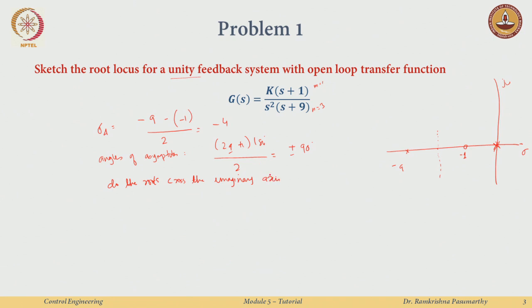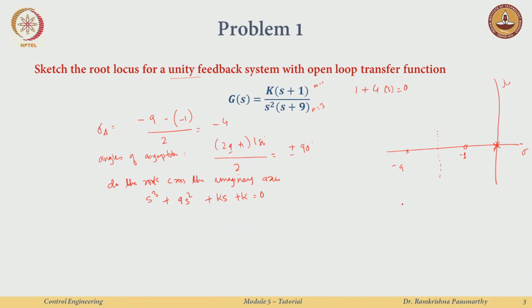So I just write down the characteristic equation, 1 plus G of s equal to 0, and this gives me s cube plus 9 s square plus K times s plus K equal to 0. And I'll see when this actually meets the imaginary axis.